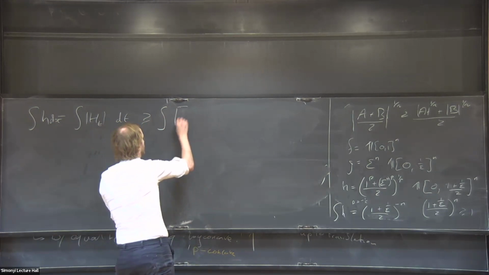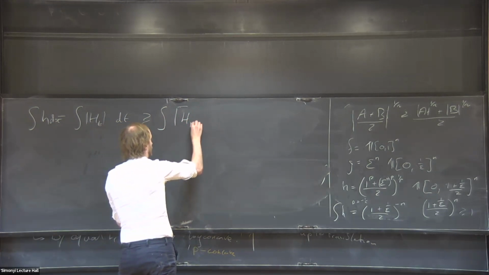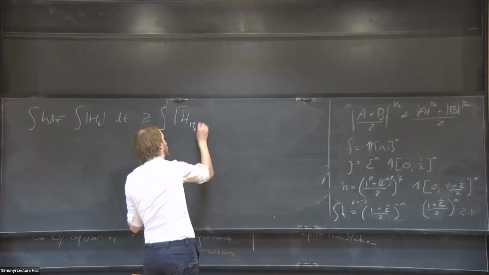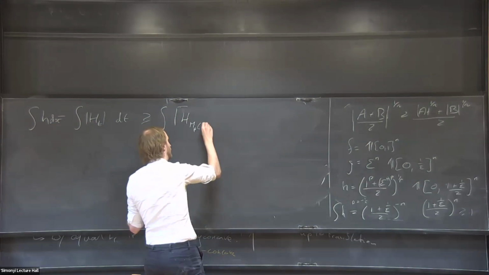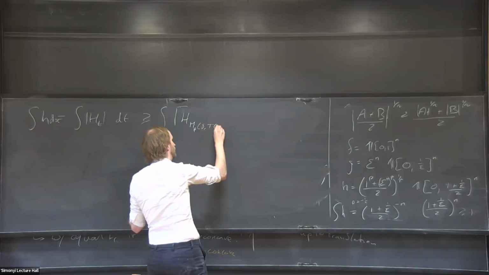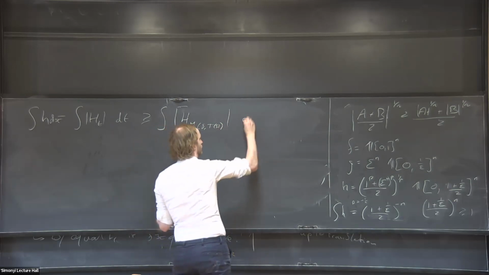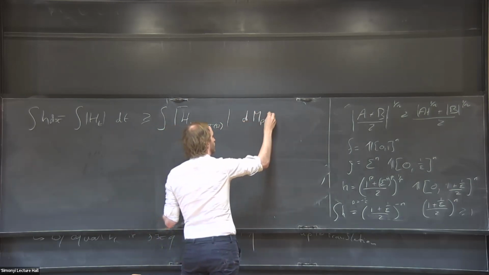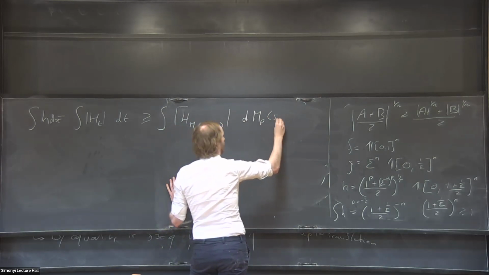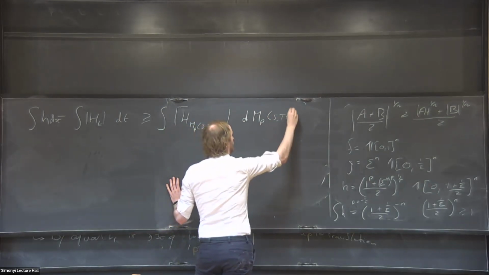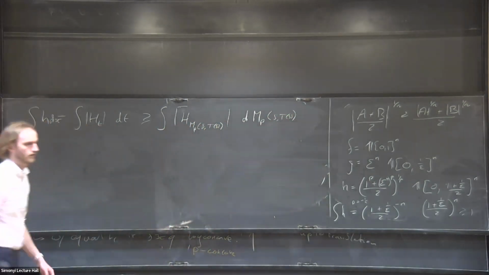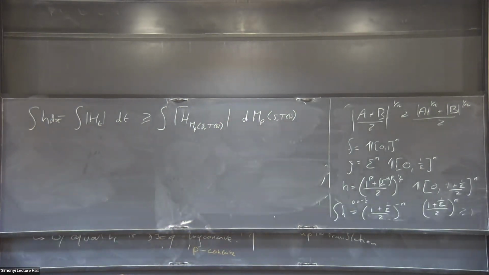So this is at least h of the average of s and T of s. But then I have to adjust the way I'm integrating, by T prime of s. It's just a change of variables.